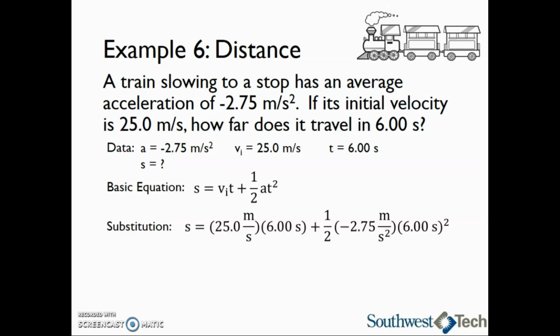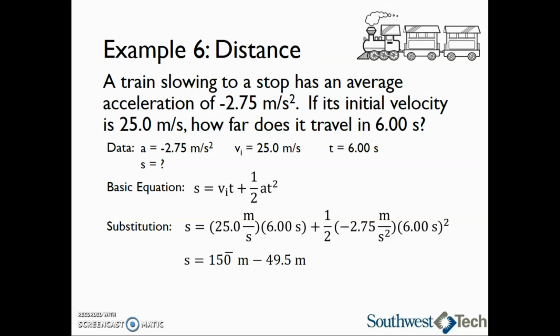This gives us s equals 25 meters per second times 6 seconds plus 1/2 negative 2.75 meters per second squared times 6 seconds squared. We will follow the order of operations and perform all multiplication first. Using 3 significant digits, this gives us 150 meters minus 49.5 meters.